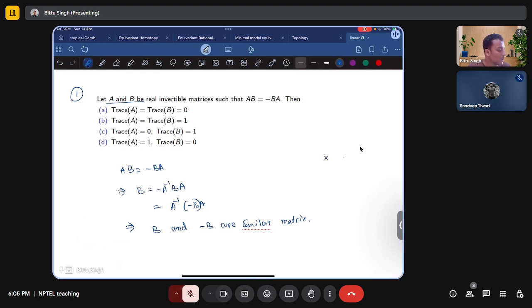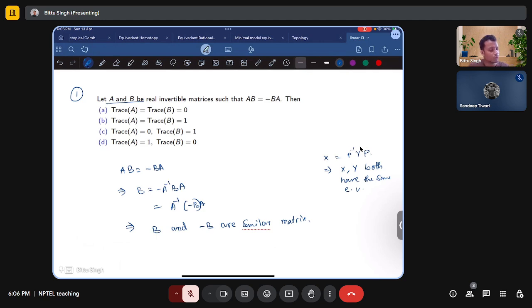So if X and Y are similar, like X is P inverse Y P, then we know X and Y both have the same eigenvalues, because X and Y similar means those two represent the same linear transformation with respect to different bases.